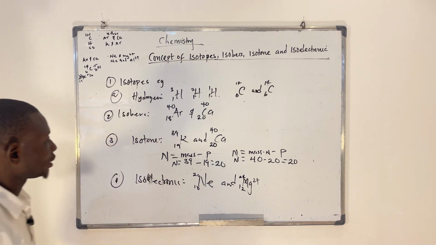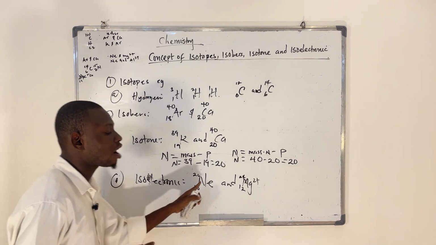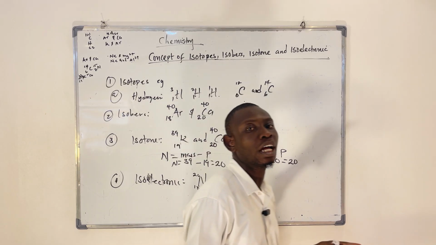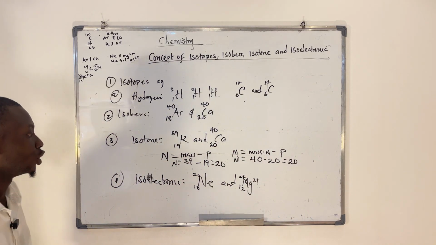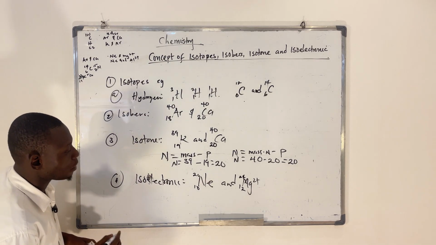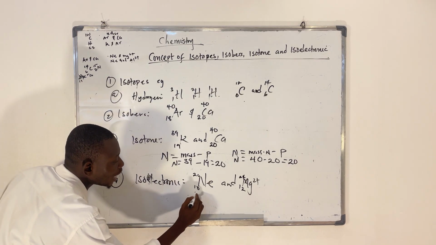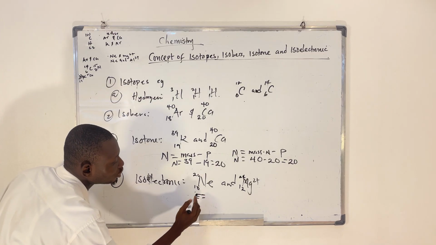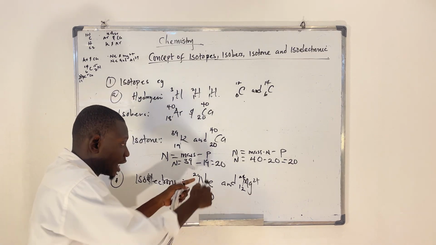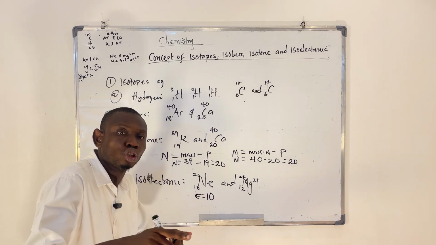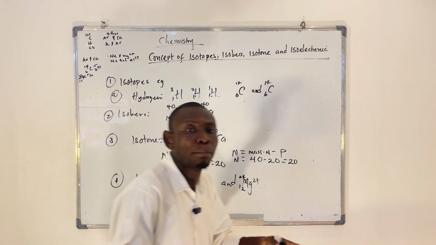The atomic number of magnesium is 12, but the mass number is 24. Now, we have to calculate the number of neutrons in neon and also in magnesium. The number of electrons in neon is 10, because in a neutral element, the number of protons is also equal to the number of electrons.